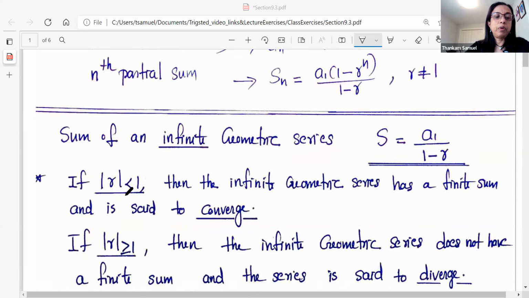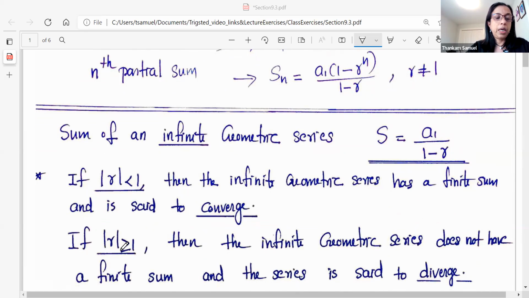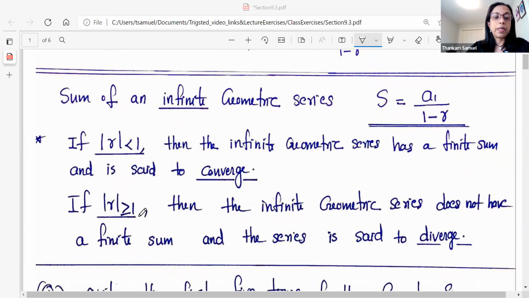If the absolute value of r is less than 1, that is, the absolute value of the common ratio is less than 1, then the infinite geometric series has a finite sum and is said to converge. If the absolute value of r is greater than or equal to 1, then the infinite geometric series does not have a finite sum and the series is said to diverge.